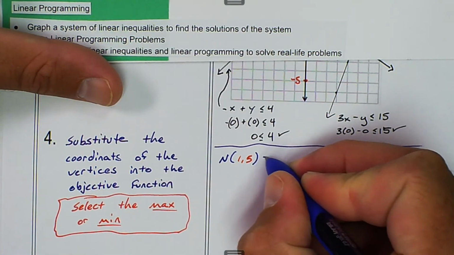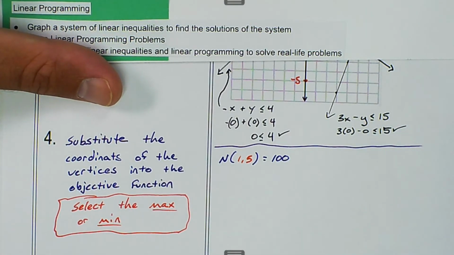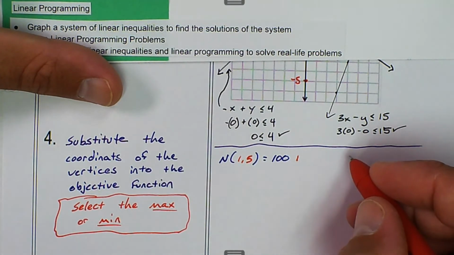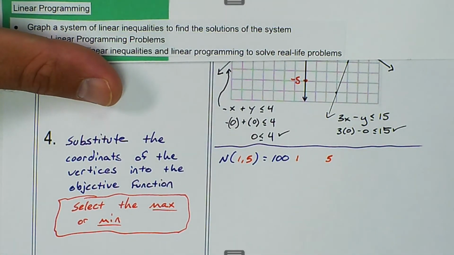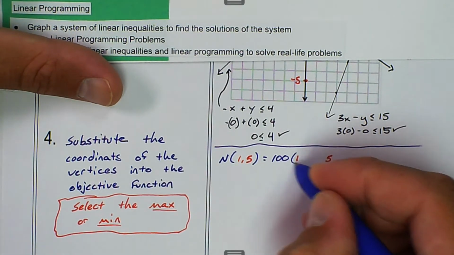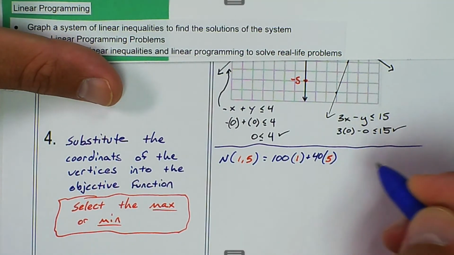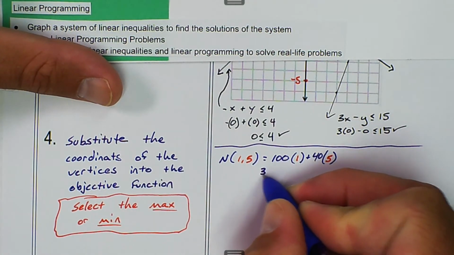So that is going to be equal to 100 times 1 plus 40 times 5. And what we get is 300.